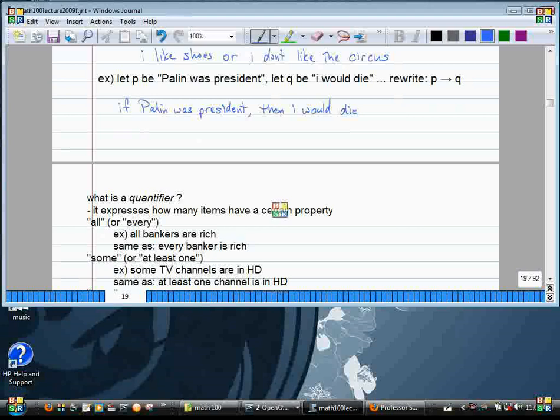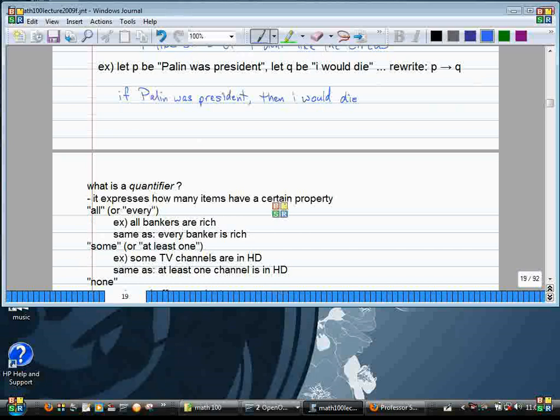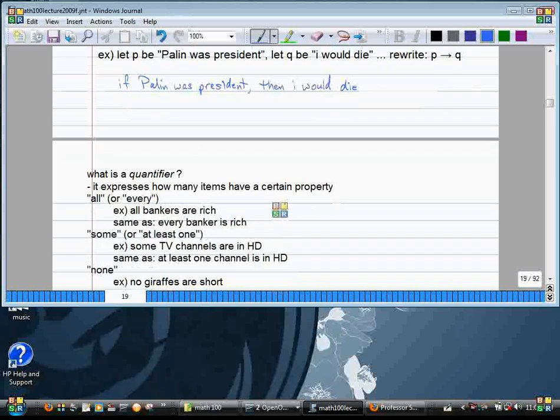This is different. What some is meant to be used as is that it's different from all, and it's different from our last quantifier. Take a guess. What's our last quantifier? None. Exactly. So, for example, no giraffes are short.